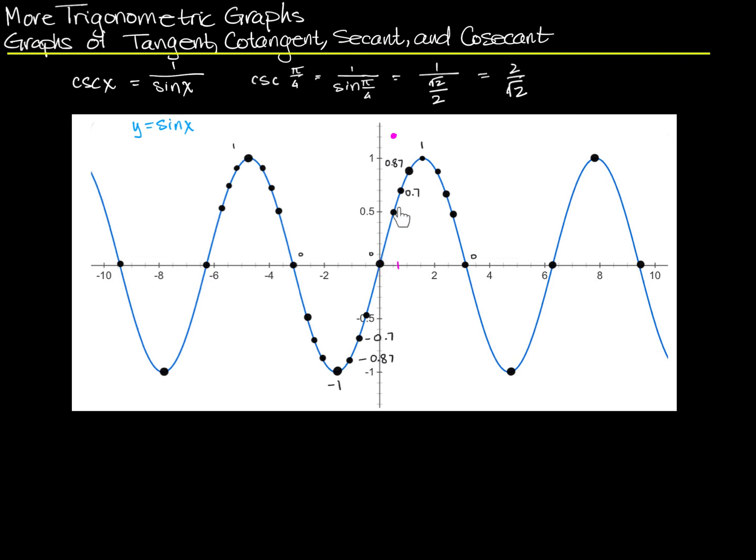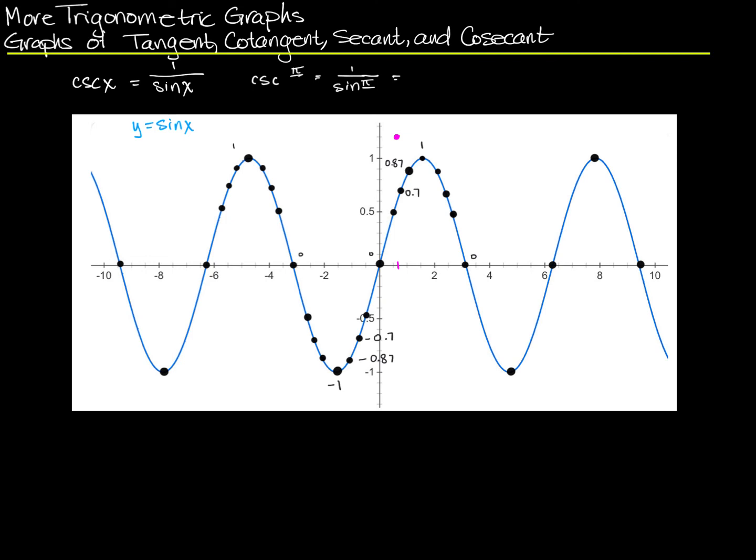Remember that the point for cosecant above this one is way up there at 2. This one is above this point here, but it's up at about 1.4, so it's maybe about there. And then the next one is pi over 3. At pi over 3, sine is the square root of 3 over 2. So let's get those out of there, and let's talk about the cosecant.